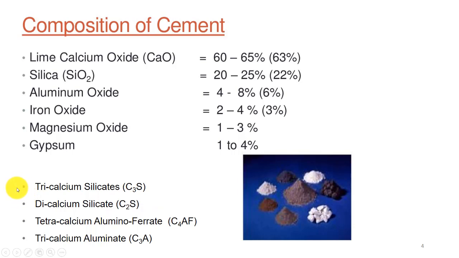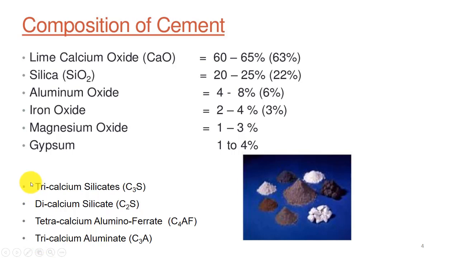You have four main constituents in ordinary Portland cement or any type of cement. Firstly, the tricalcium silicate. Secondly, the dicalcium silicate. Thirdly, the tetracalcium aluminoferrate. Fourthly and lastly, the tricalcium aluminate.